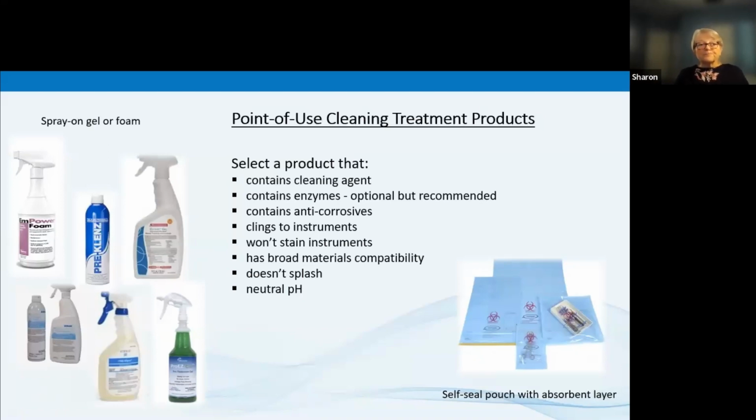Now, these spray-on products are formulated with cleaning agents to break down blood, soils, and protein, delay drying of organic soils, and keep your instruments moist. They will keep instruments moist longer than that traditional wet towel method, and they usually provide moisture for a couple of hours. For the exact recommendation, you need to check the manufacturer's IFUs.